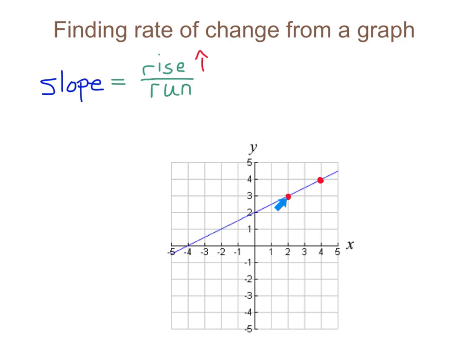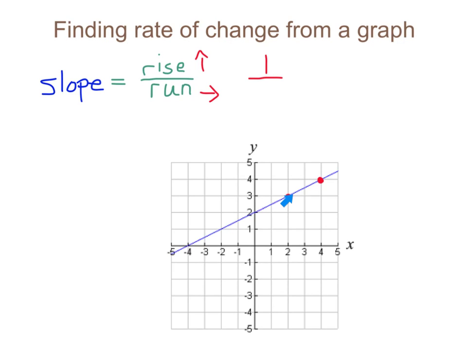So the rise from here to this point, it would have to go up 1 number because it goes from 3 to 4. So from here to here. Alright, so that would be a rise of 1. So I'll put my rise of 1 on the top of the fraction line because it's always rise over run. Now the run tells me how many numbers it is from the first point to the second point, but moving to the right.